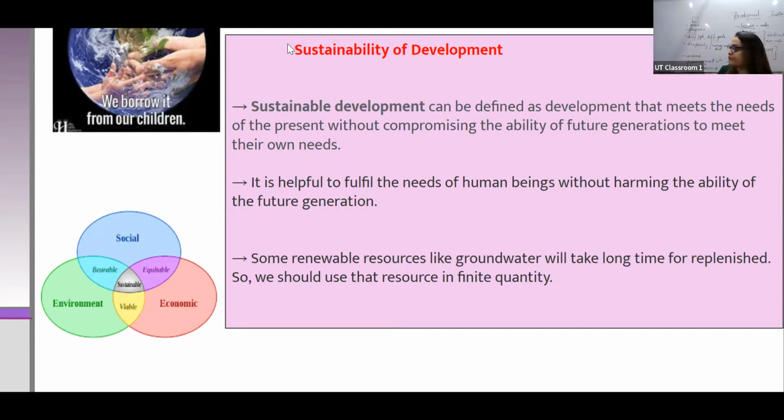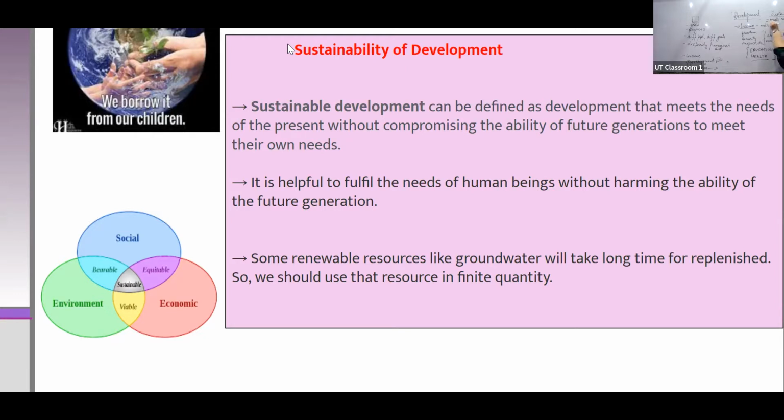See the definition. Sustainable development can be defined as development that meets the needs of the present. Point number one is meets needs of present. The second point is without compromising the ability of the future generations to meet their own needs.